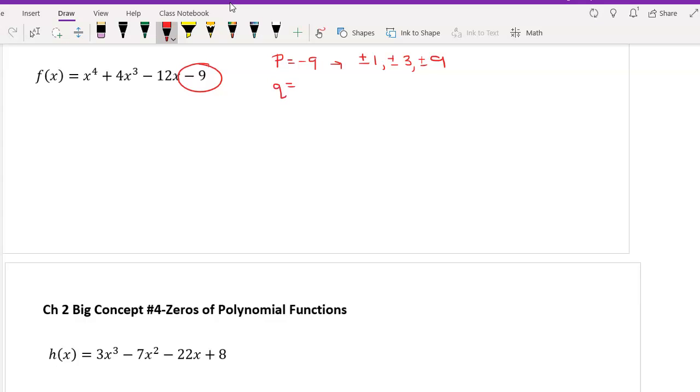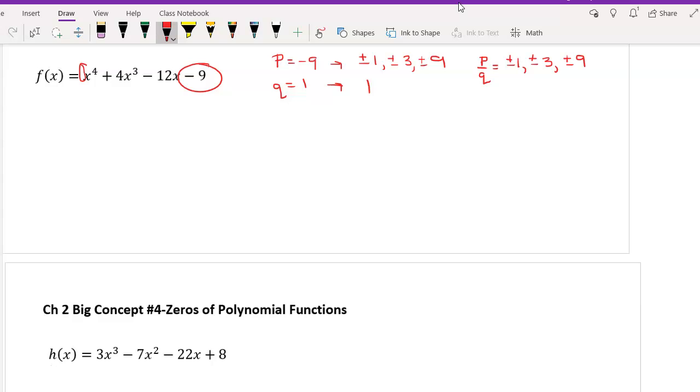Q equals 1 because there's a leading coefficient of 1, which means we have a factor of 1. So now when we look at our P's over Q's, we get plus or minus 1 over 1, plus or minus 3 over 1, and plus or minus 9 over 1. So now we have 6 possible zero values.